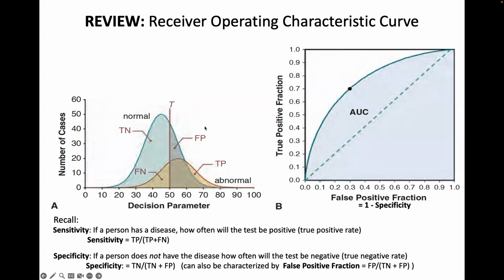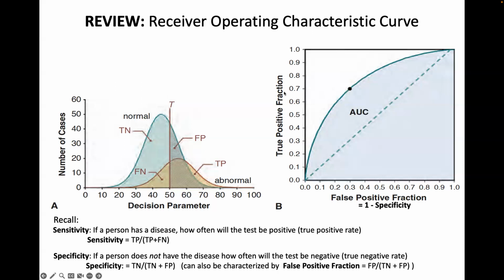The way to put this on a chart is, I'll move the threshold, such that everybody who is above T, we're going to call abnormal. So if I start with my threshold down here, it's a really low value, and I call everybody above this threshold abnormal.